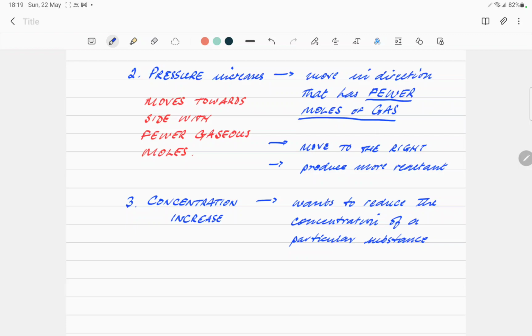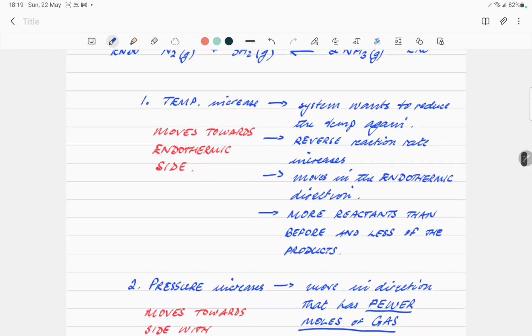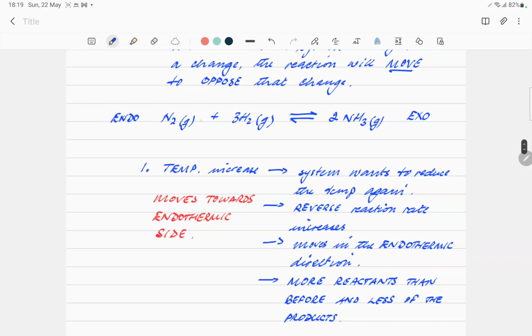All right. So if I were to, for example, in that reaction, increase the concentration, like maybe packing things into a smaller volume of the nitrogen or add more nitrogen, then the system wants to say, okay, let's use up that extra nitrogen, bring it back down to the level it was at before. So it's going to try and react more of that nitrogen and produce more ammonia.